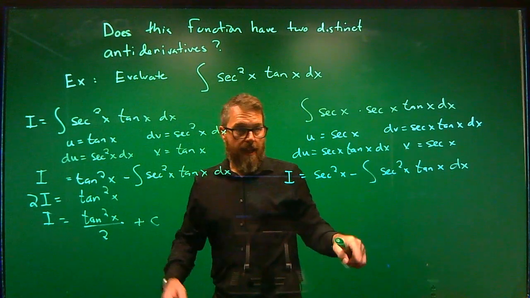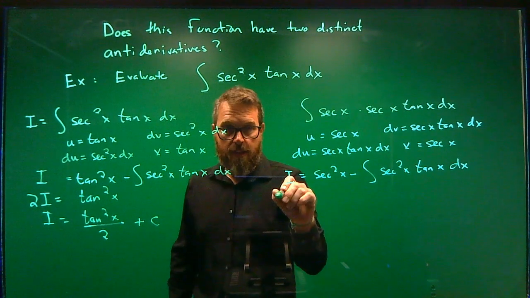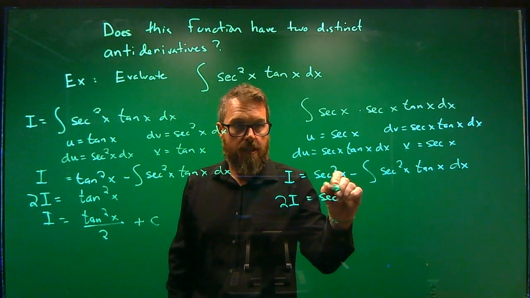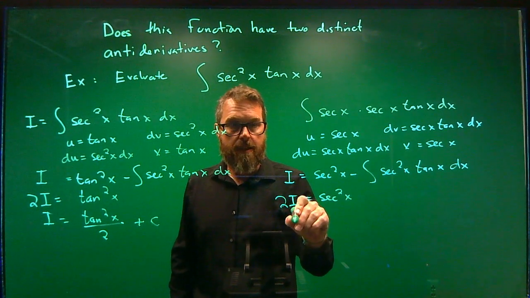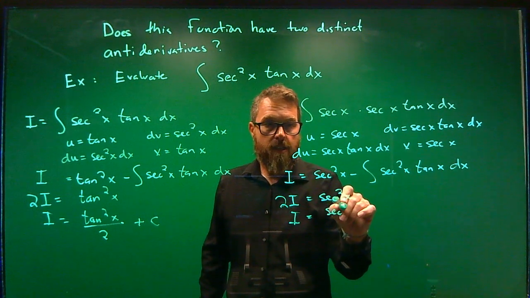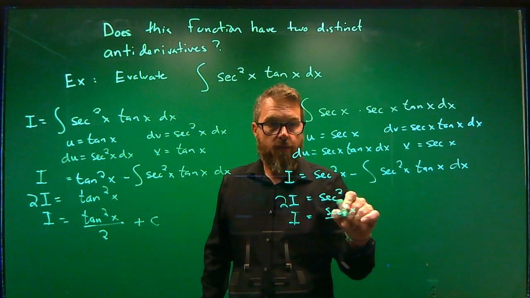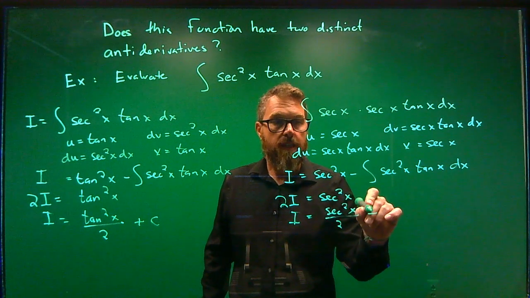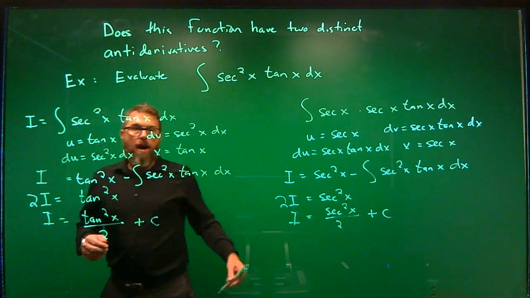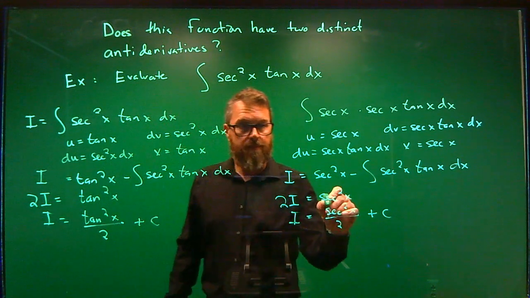So then again, I have another I here, so sending the I to the other side, I have 2I equal to the secant squared of x. So that means I, our target integral, is going to be equal to the secant squared of x all over 2 plus c. So this is kind of where we ask, are these unique?